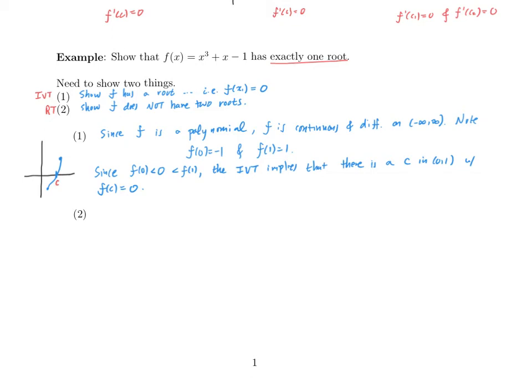And that does it. What this is showing us for part 1, just to make it as clear as possible, is that f has at least one root.